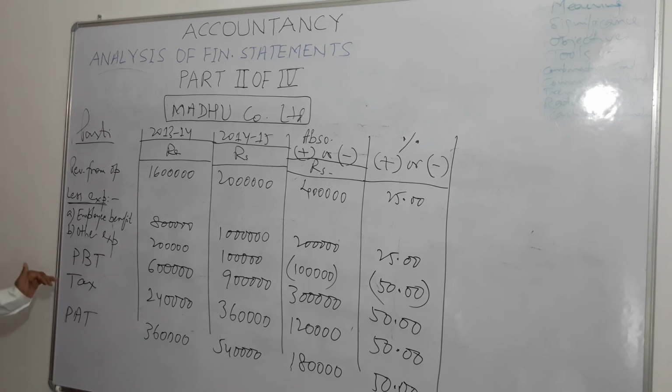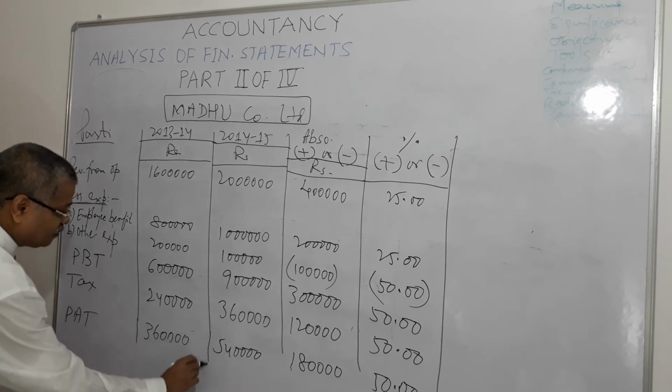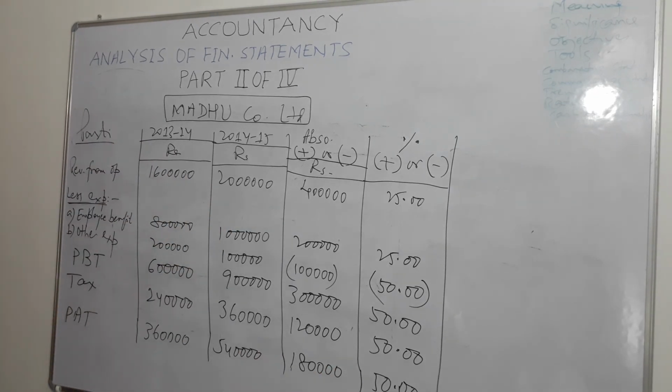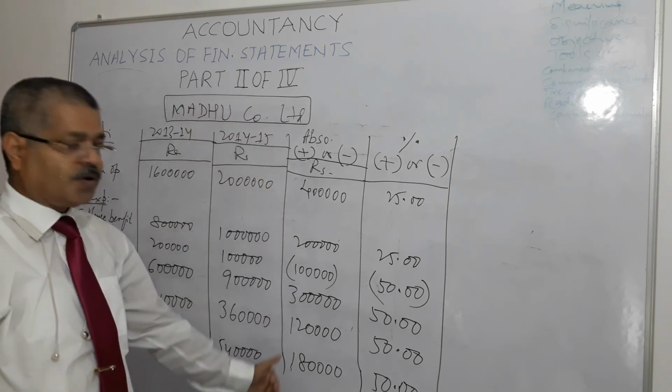Then profit before tax, tax and profit after tax means net profit. So here we have drawn 5 columns. Particulars, first year, second year, absolute increase or decrease.